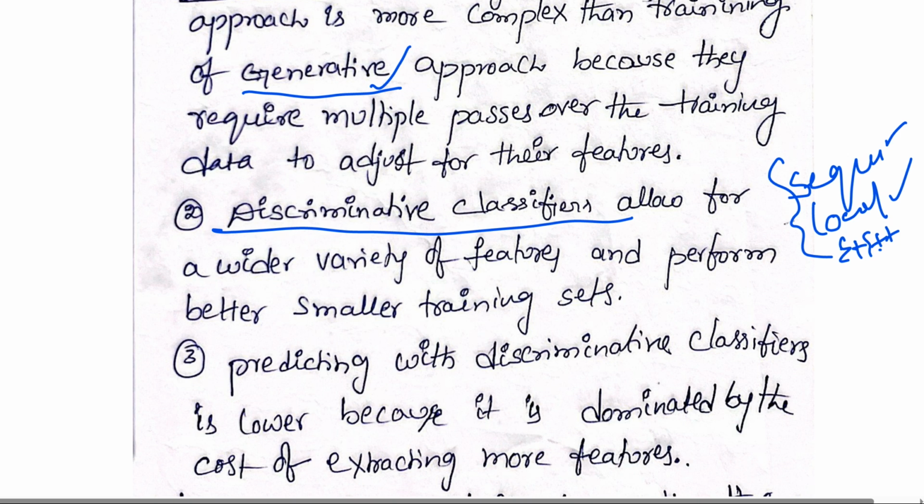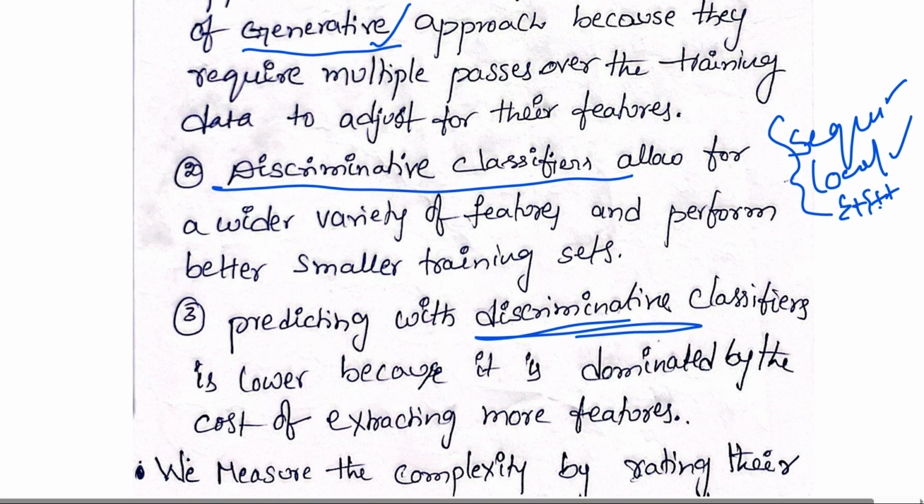Then, predicting with discriminative classification is slower because it is dominated by the cost of extracting more features.